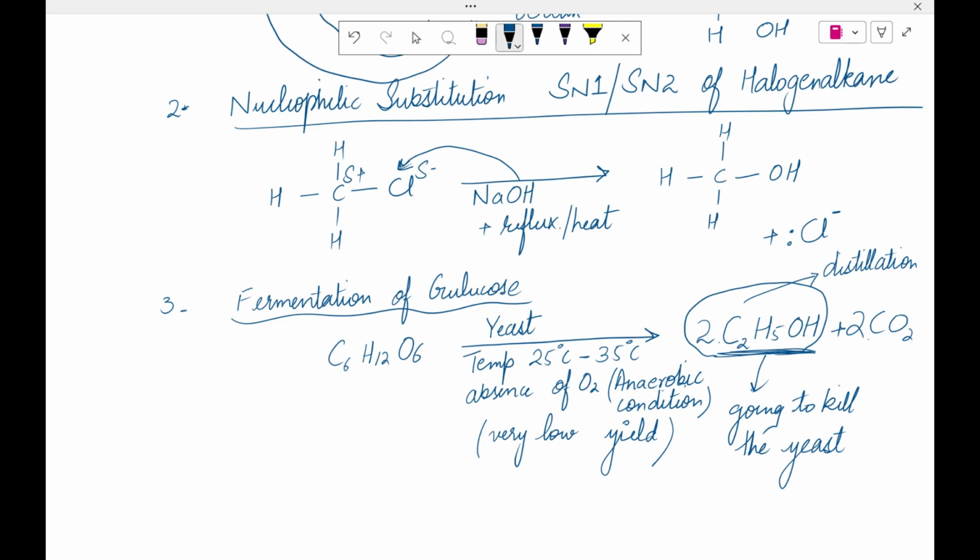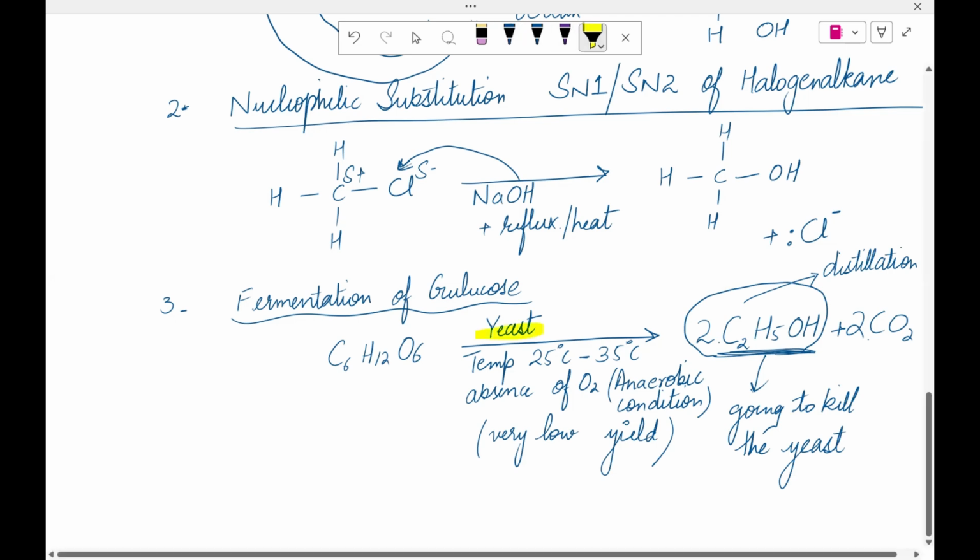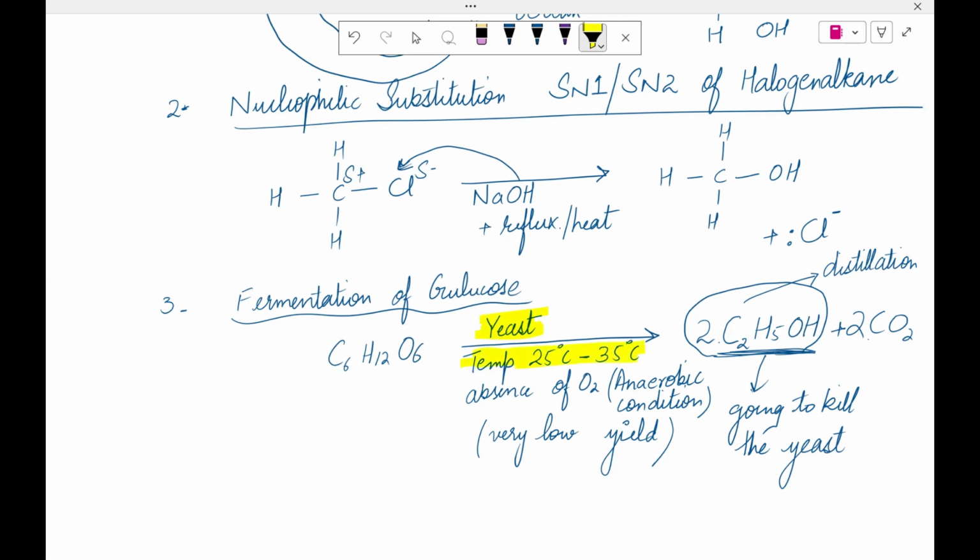And the important thing here is that this reaction occurs in the presence of yeast. Temperature is 25 to 35. The reason why temperature is 25 to 35, because after that temperature, if we increase the temperature, this yeast would die. And if this yeast would die, then the reaction would not proceed. Is that clear?